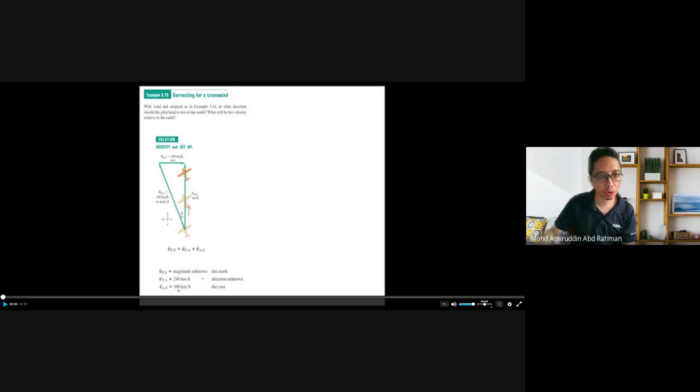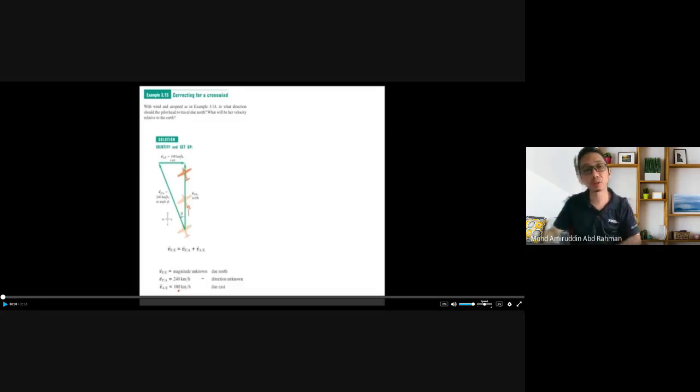Okay, so we look here. This is actually more of a real-world problem. This is what we are looking for: the relative velocity. When we are traveling on a plane, the pilot needs to use the relative velocity because the Earth is moving as well.